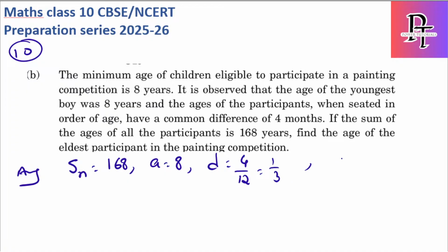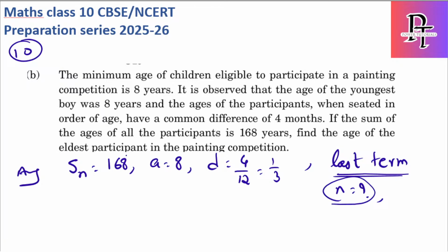Simply, what they are asking is we need to find the last term. To find the last term, we need to get the n value. To get the n value, we use the Sn formula, get the n value, and then use the a plus n minus 1 into d formula to get the last term. Got it? So let's start solving this.